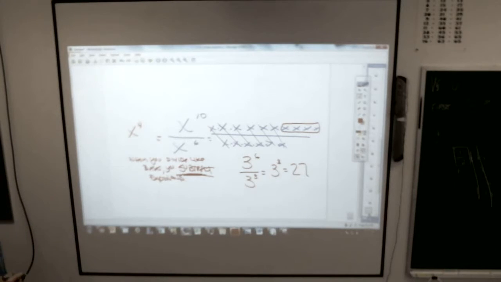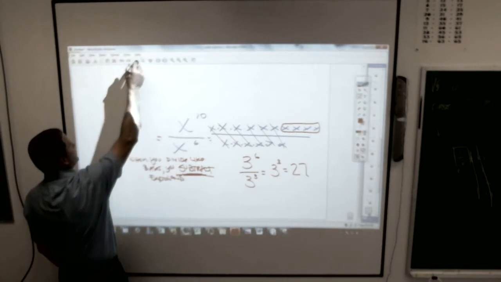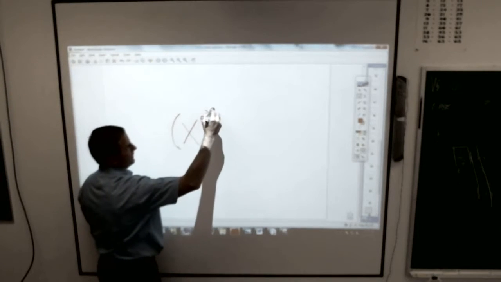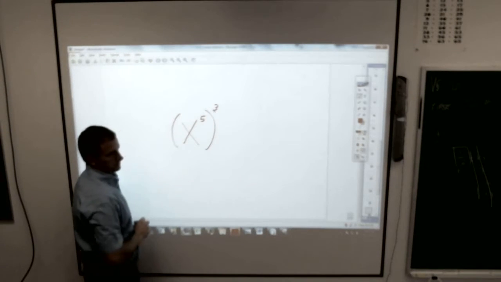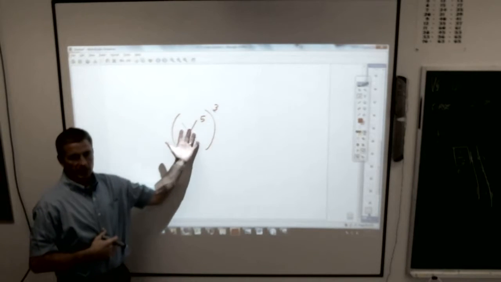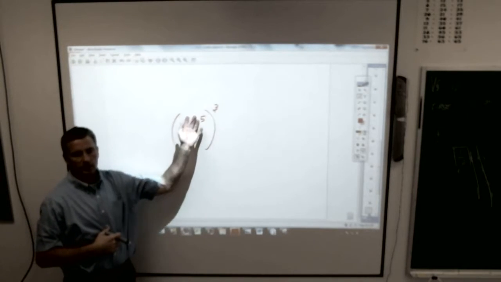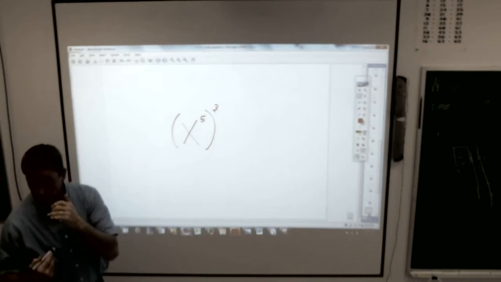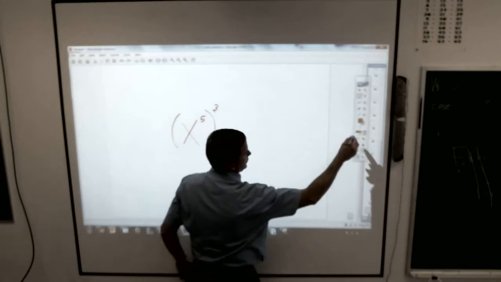One more law of exponents, which will completely thrill and astonish your friends. If I have x to the 5th power to a power, something with an exponent to a power, if you break this down, it's really not that hard.